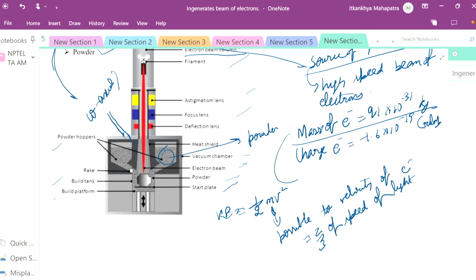When the electron with this much speed strikes the surface, it will generate a lot of heat.